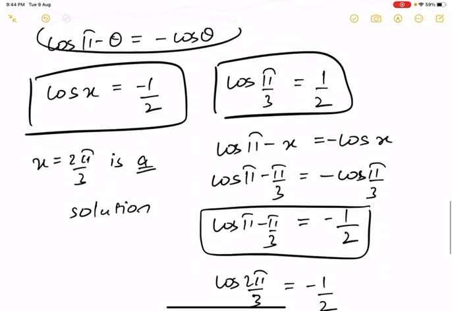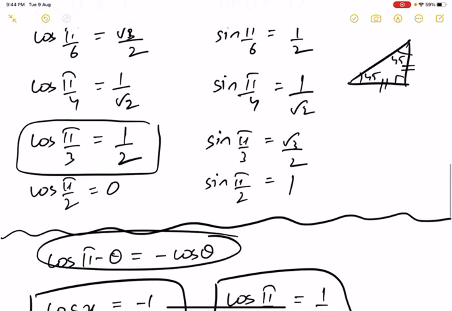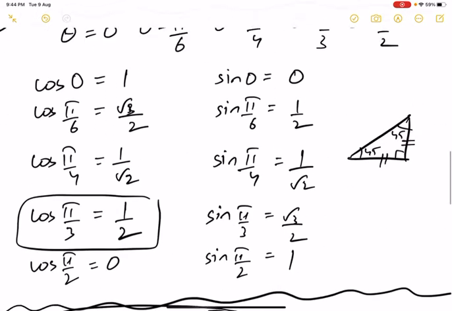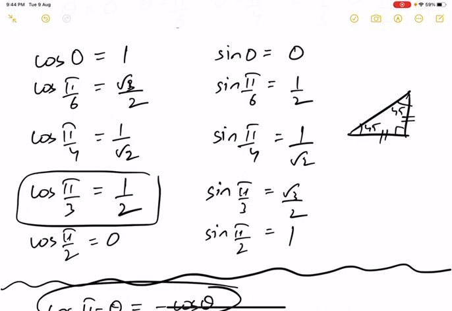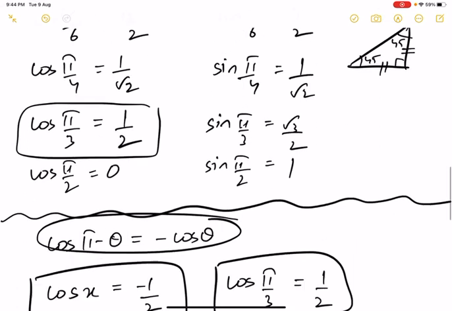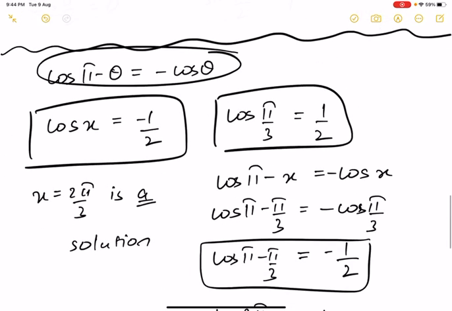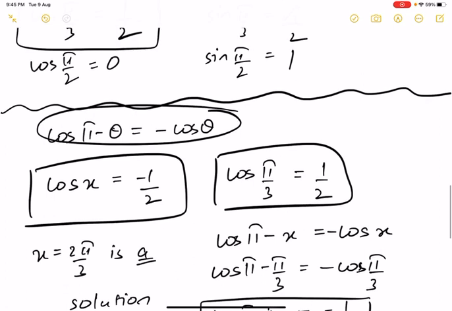Whatever ratios we have written down, 1, root 3 by 2, 1 by root 2, all these ratios are positive. But if you are asked for the angle for negative values, like for example cos x is equal to negative half, you can convert the positive value to negative. For cos, this is the property: cos of pi minus theta is equal to negative cos theta. That is how you convert your positive ratio to a negative ratio.